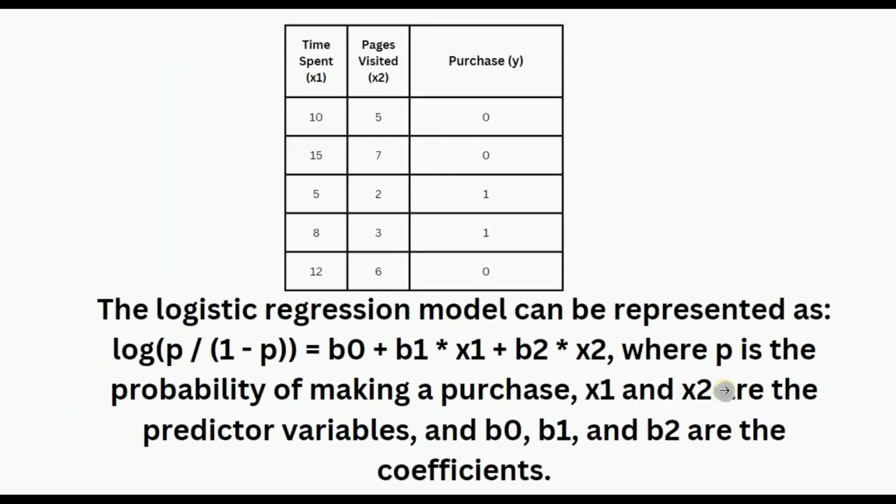The logistic regression model can be represented as log of p divided by 1 minus p equals beta null plus beta 1 multiplied by x1 plus beta 2 multiplied by x2, where p is the probability of making the purchase. So we have to find out p, the probability of making the purchase. Beta null, beta 1, and beta 2 are coefficients here.